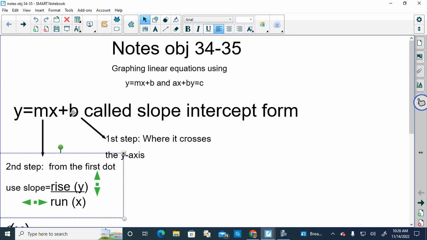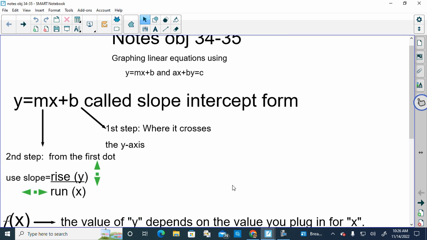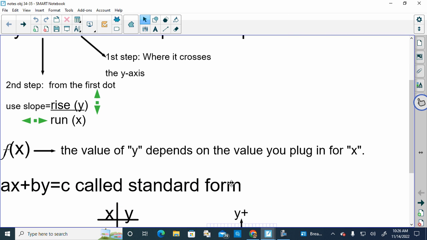So the y-axis is your rise, okay? And then run is going to be left to right with your x's, depending on if it's positive or negative, okay? All right, this next part, you probably didn't see a whole lot of that in Algebra 1. If you've been working through Alex, you've probably seen it. Con has it every once in a while.